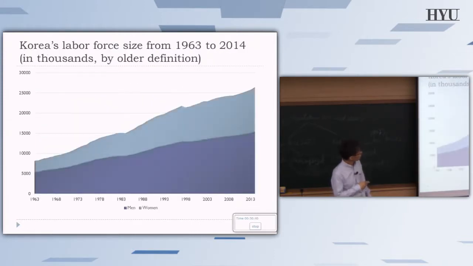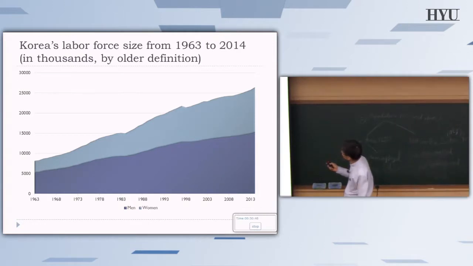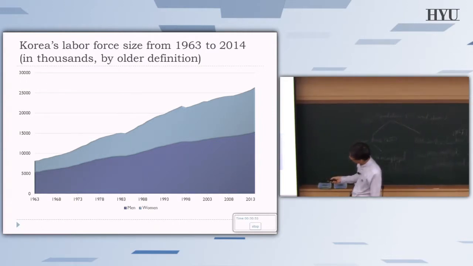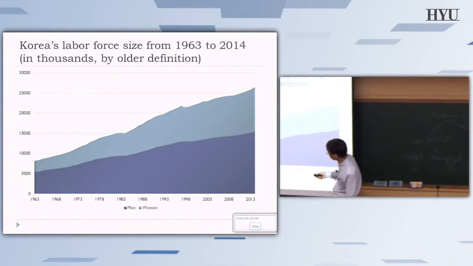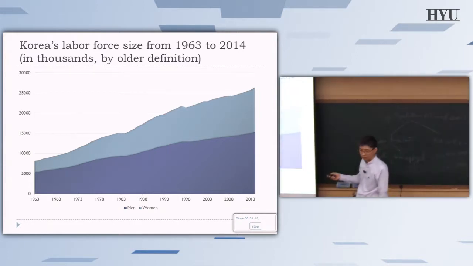Okay, so this is the labor force size, the number of people in the labor force from 1963 to 2014. It shows about 50 years, about half a century of trend. So we started with a very small number, less than 10 million in 1963. And then it has increased ever since.